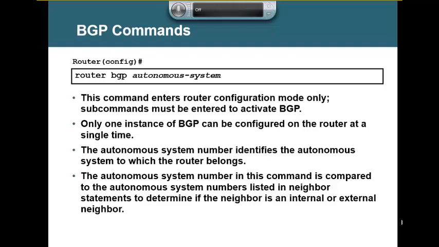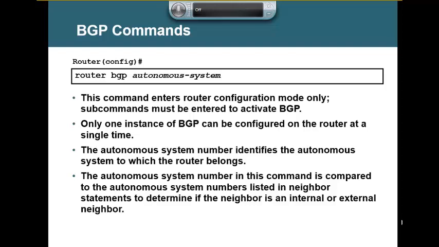Using that number we configure BGP, saying router BGP, let's say 10. 10 is the autonomous system number. Now this number tells two things. One, this router belongs to autonomous system 10.